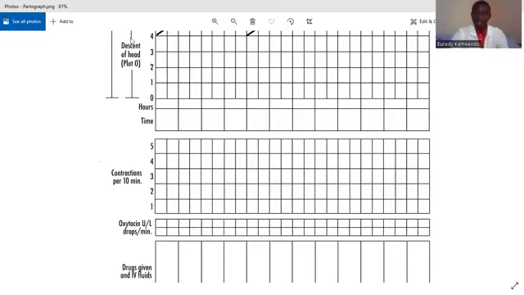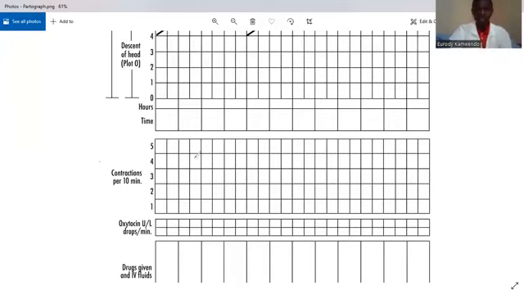Okay, so now let's take, for example, you check the contractions in the first 30 minutes of admission. In that first 30 minutes, you feel about 4 contractions in 10 minutes, and these are not lasting more than 20 seconds.